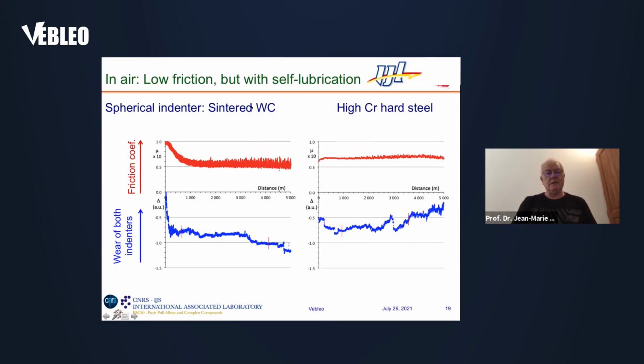And using 2 different indenters, I show you here the friction coefficient, and the blue curve shows the change of the distance between indenter and surface in contact as a function of the distance run by the indenter in both cases. So you see here that the 2 surfaces come into contact.